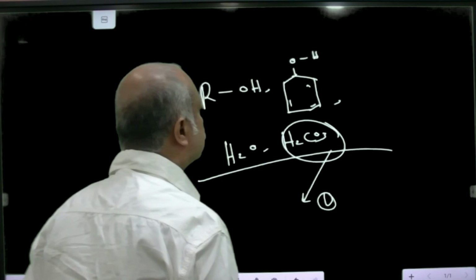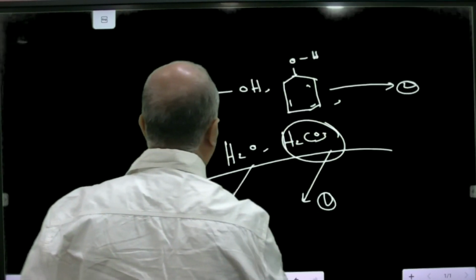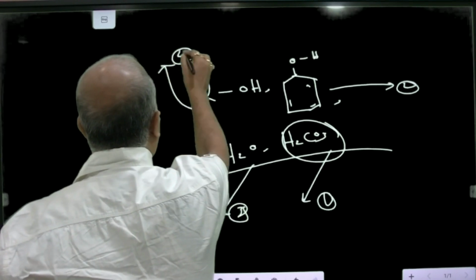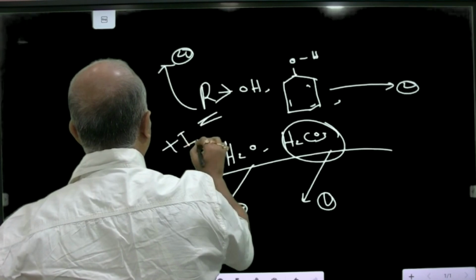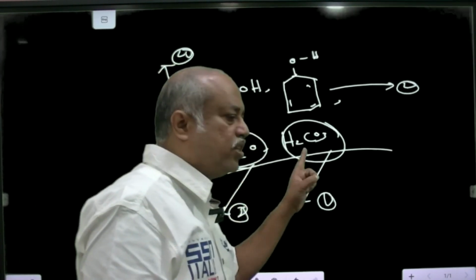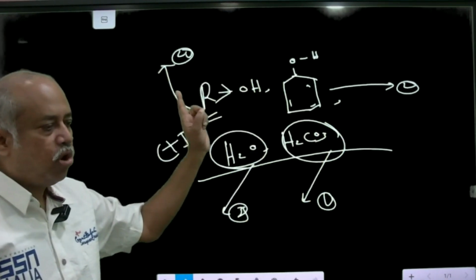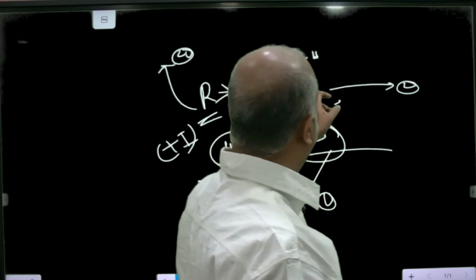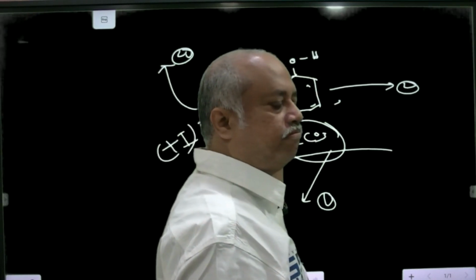First one, second one, third one, and alcohol is the last one because there is a plus I effect. Even in water, there is no plus I effect. Inorganic acid is always higher in acid strength than organic. So first one is carbonic acid, second one is phenol, third one is water, fourth one is alcohol.